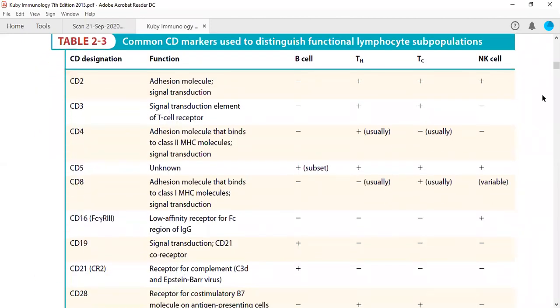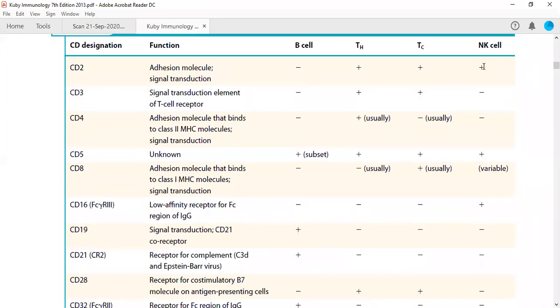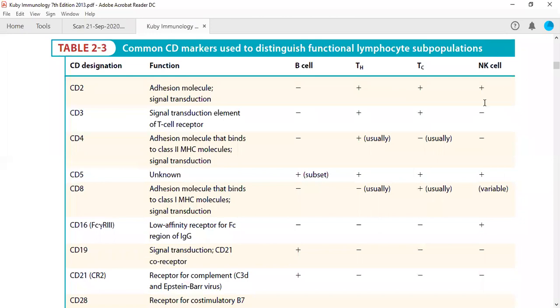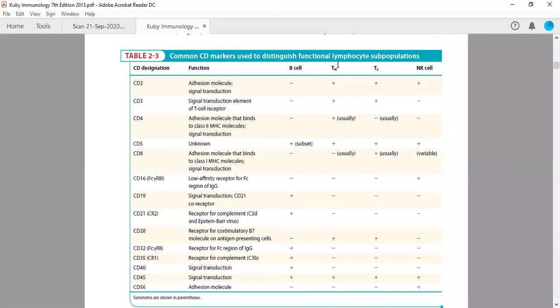Now, there is a table. Okay, so today we are more interested in natural killer cells, for example. So if you are able to see this complete table, and if I annotate this one, please see this one, natural killer cells.